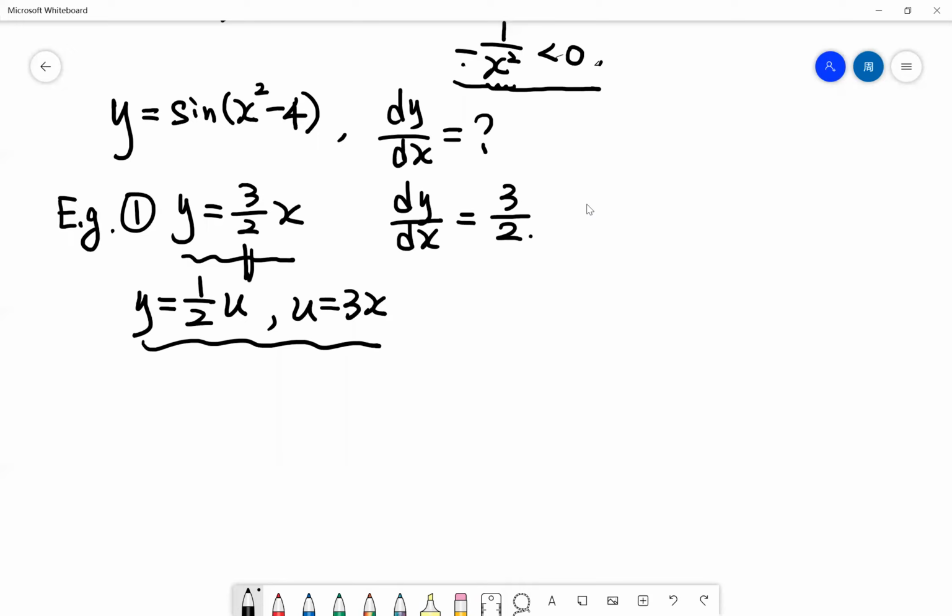So we can get y equals 1 by 2 times 3x, that is 3 by 2 x, right?